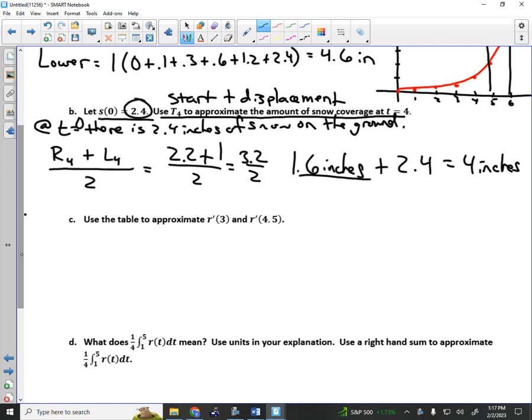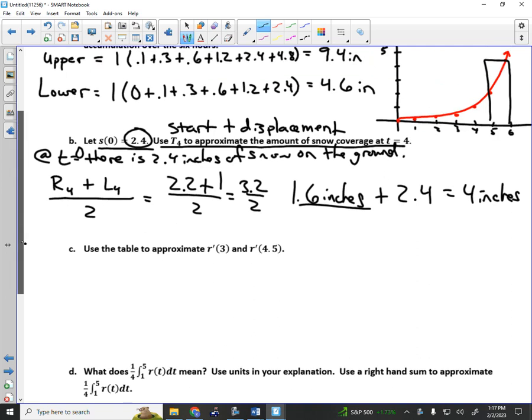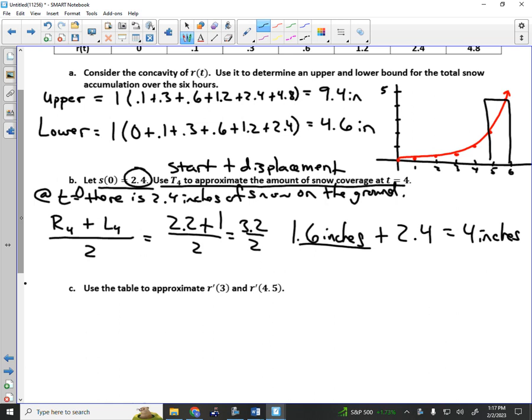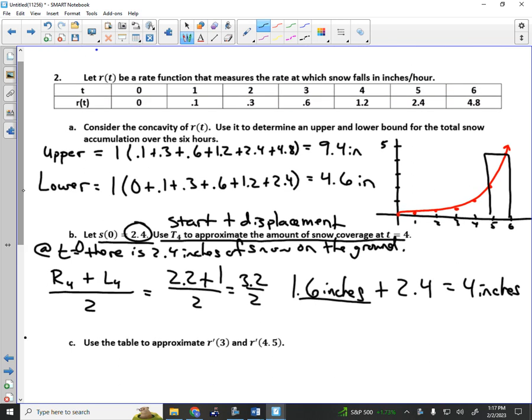All right. Two more parts. This part's pretty simple, but it is a little bit different. Approximate R prime of 3. We want to find this derivative. Do we have an equation up here we could type in our calculator to find a derivative?